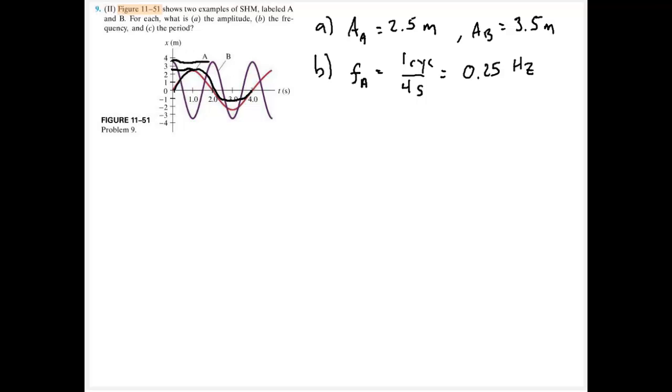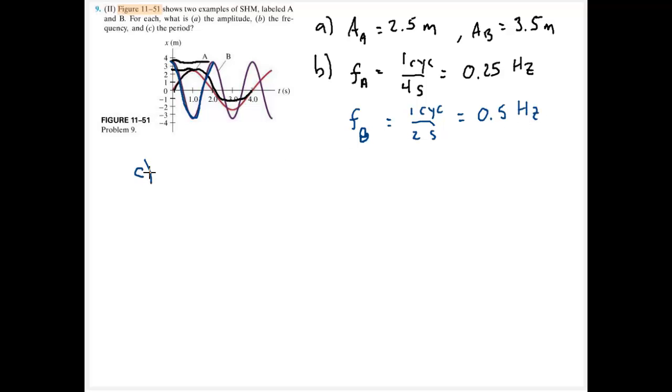B is going to go one full cycle from max to max now in 2 seconds. So the frequency of B is going to be one cycle in 2 seconds, or 0.5 hertz.